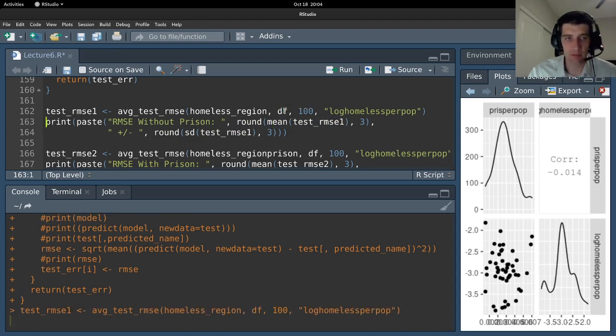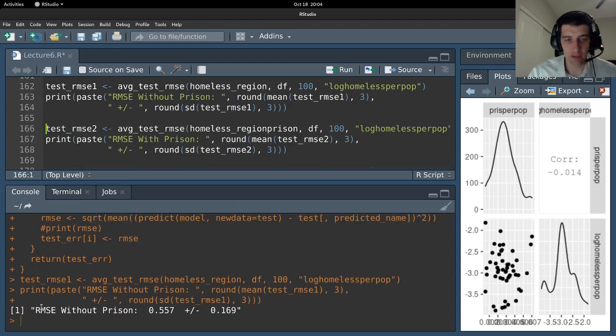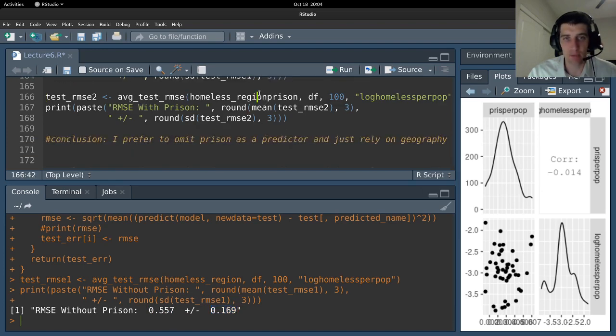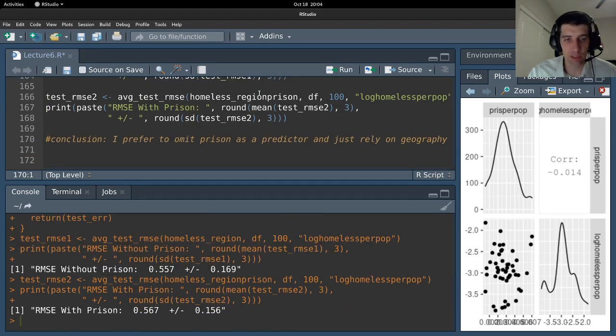So when I do that, this is the test root mean squared error without prison. This is the sample mean of those 100 repetitions and the sample standard deviation, and I'm going to do the same now with prison as a predictor. Okay, so I have a little bit higher test root mean squared error on average, and a little bit lower sample standard deviation.